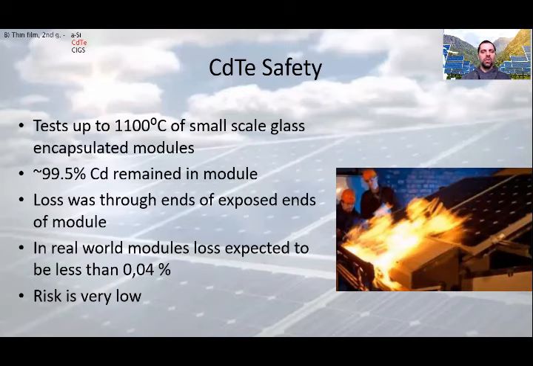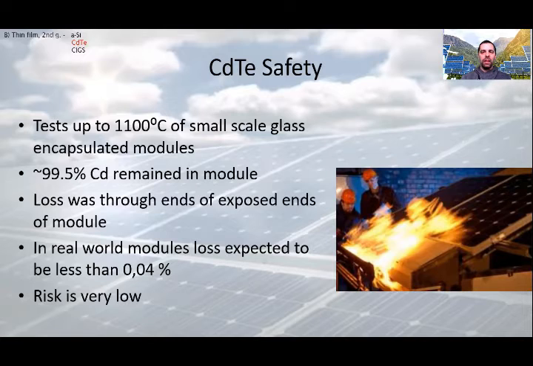One of the issues with the cadmium telluride cells was that cadmium is toxic and costly to dispose of. To prove its safety, in 2004, Israeli researchers made a small-scale test with cadmium telluride modules. Tests were performed up to 1100 Celsius on small-scale glass encapsulated modules.